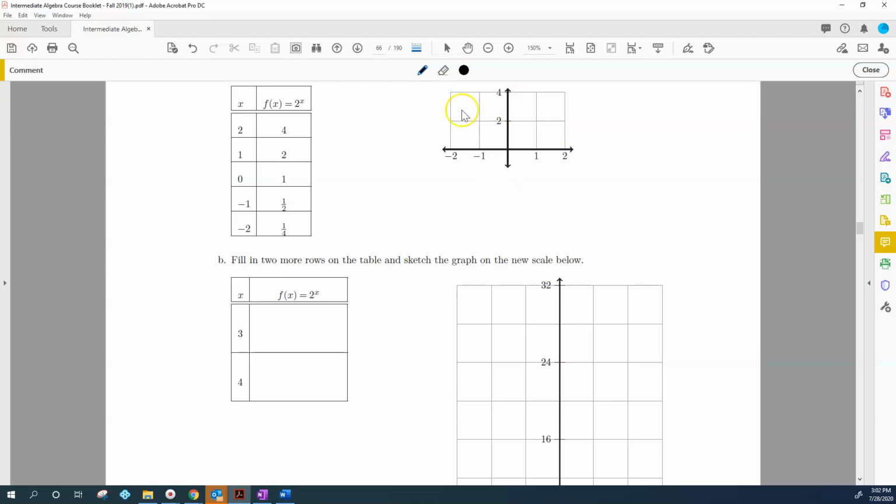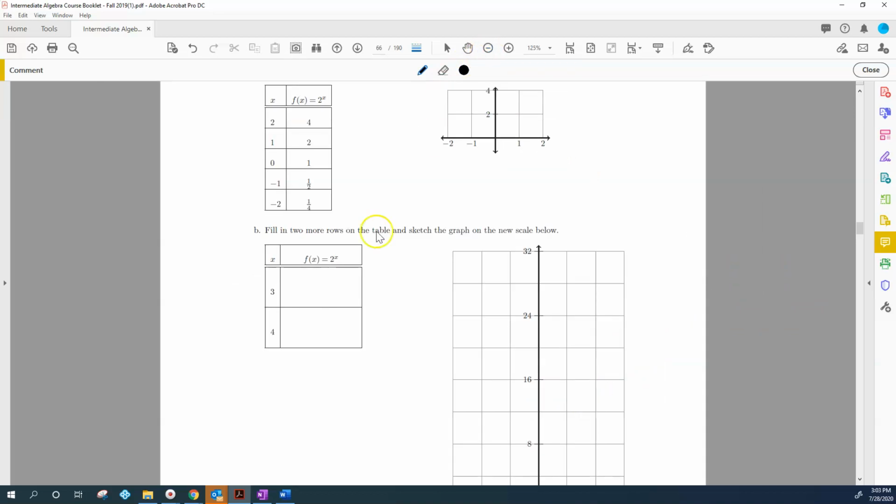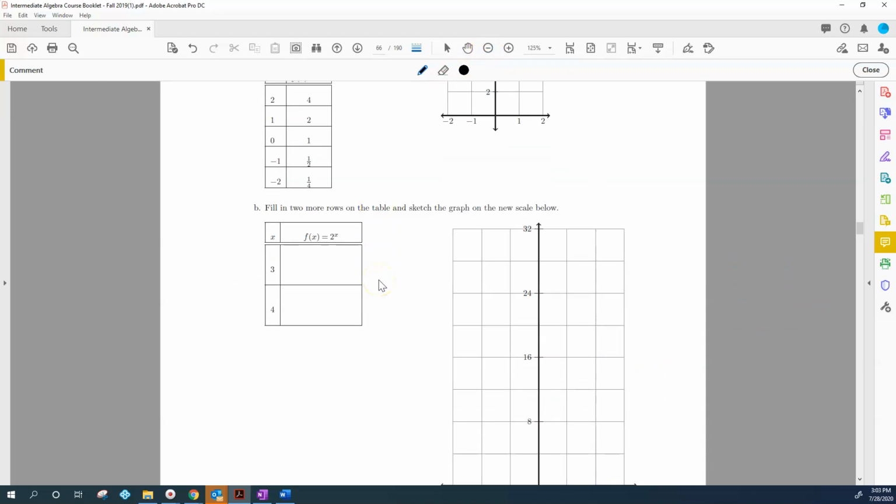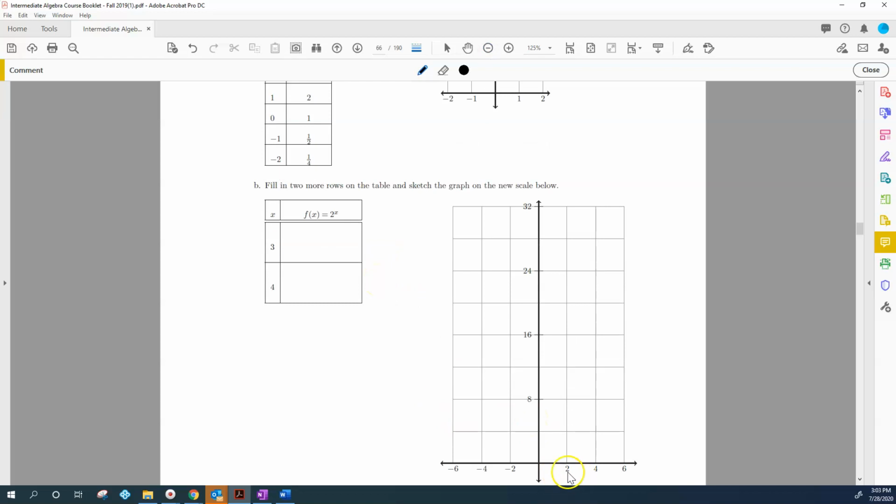On the x-axis it's moving by 2s, and on the y-axis it's moving by 4s, just to make it a little easier. I'll give you a second to draw that little grid.